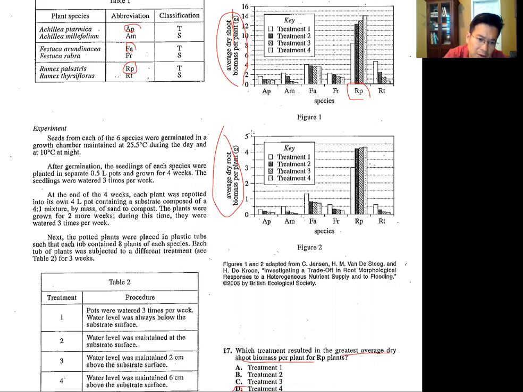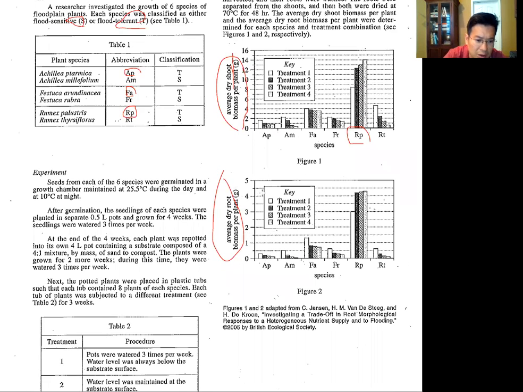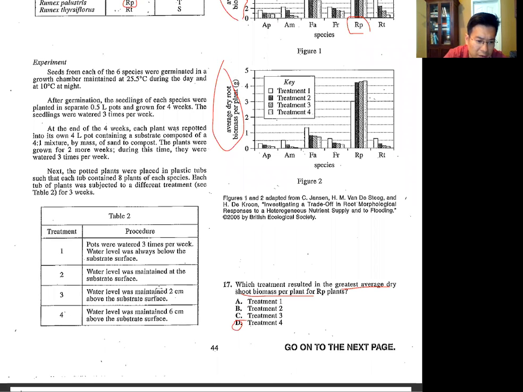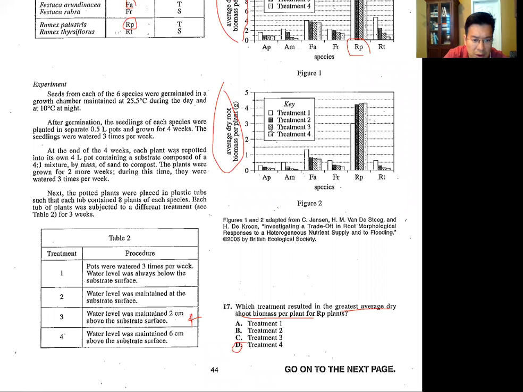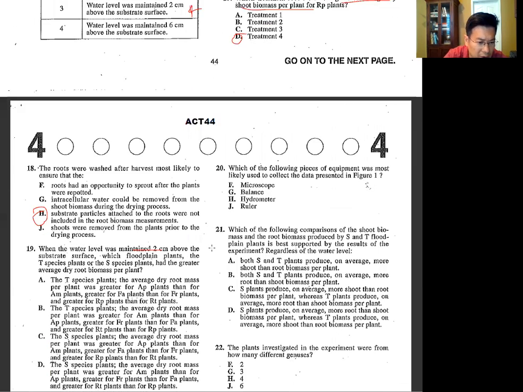When you think about dry root biomass per plant, which is figure 2, whatever treatment we have, 2 centimeters is treatment 3 here. So treatment 3 is the third one. For RP, the third one is a little bit higher here. Okay, let's go back to this one.